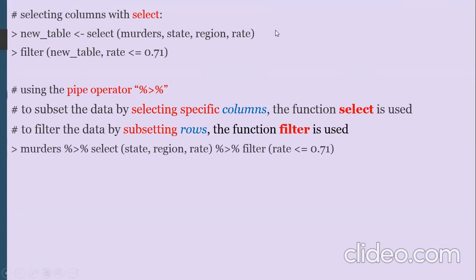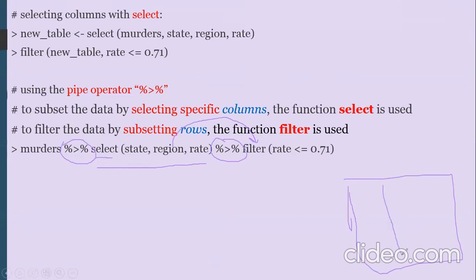मर्डर्स, और मर्डर्स के बाद ये पाइप का ऑपरेटर यूज किया गया है। ये देखें, अब ये पाइप यूज किए गए हैं दो, ठीक है। अब देखें, सेलेक्ट करें किसको? टेबल में, means a data frame is a table actually.